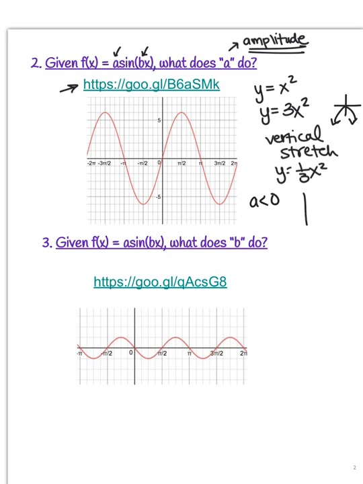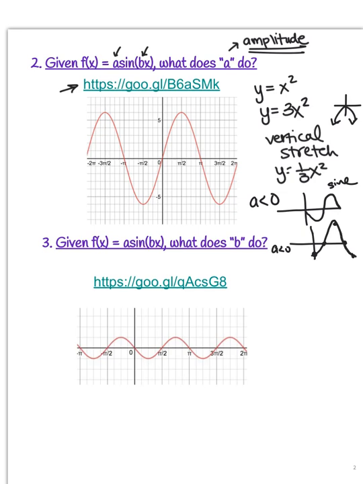For the sine graph, if A is less than 0, it actually goes down and then up. That's what it looks like. By the way, if it was a cosine graph, instead of starting up, if there was a negative, it would start down, and remember, it would go to 0 every other one. That's what it would look like for a cosine.